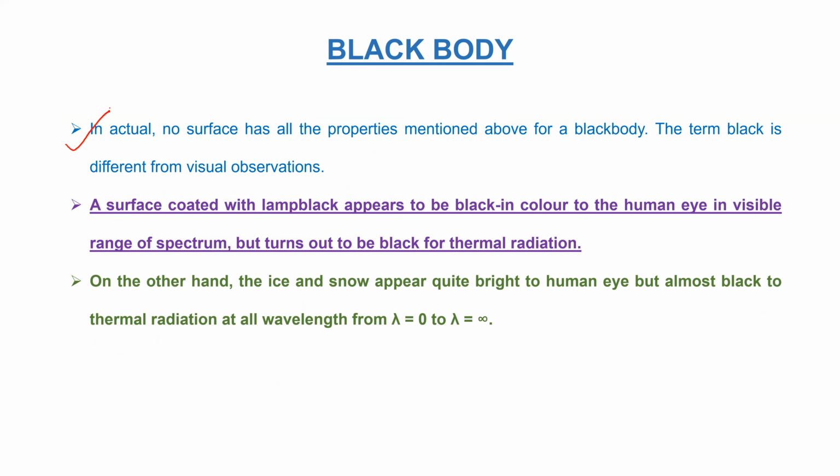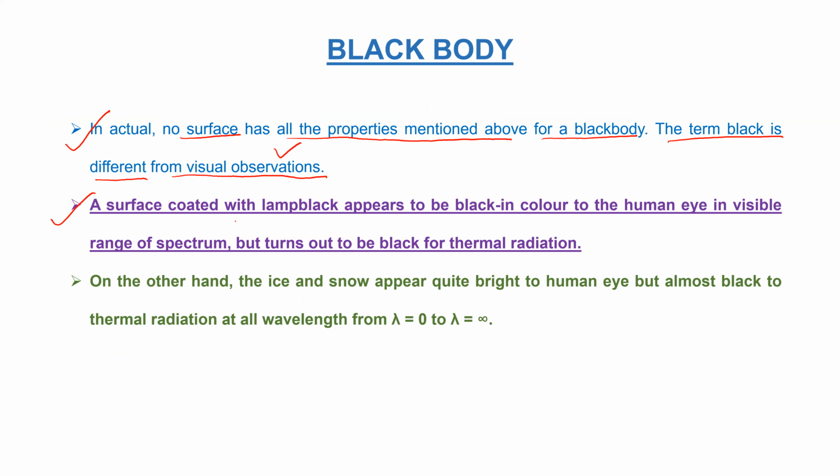However, in actuality, no surface has all the properties mentioned above for a black body. The term black is different from visual observations. Now let us see what is the meaning of this particular sentence.